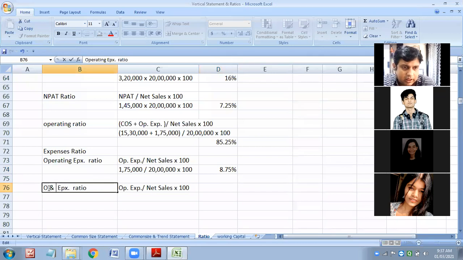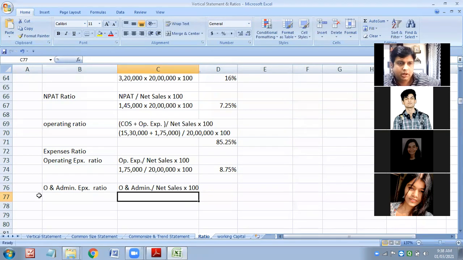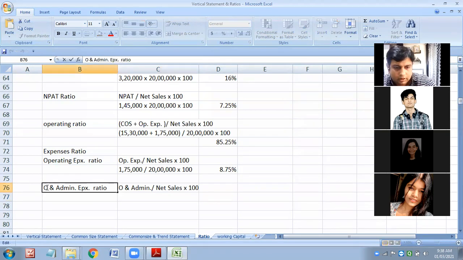Next, office and administrative expense ratio. How much is office and administrative expenses?